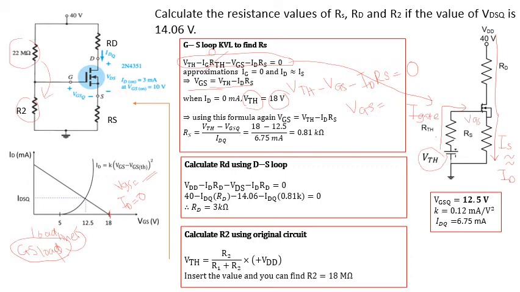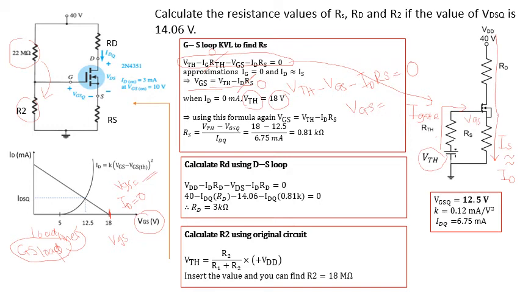When the ID is equal to 0, it means that the value of the VGS is equal to VTH. Or we can say that the value of the VTH is the value of the VGS. This one is the VGS. So VTH is equal to 18.